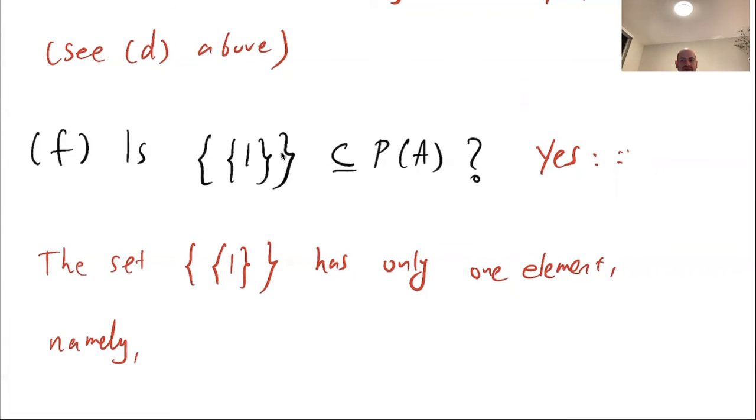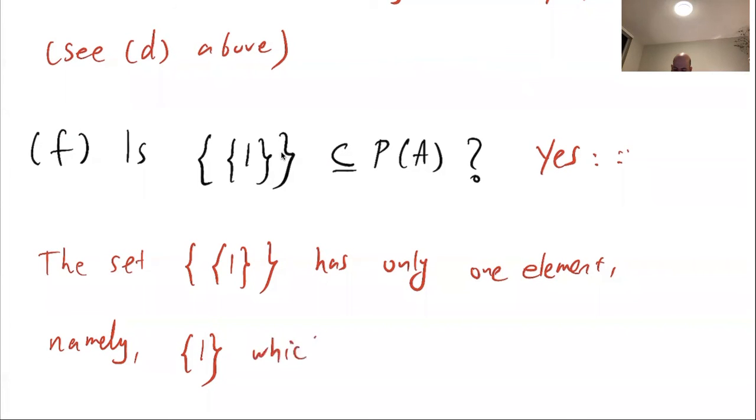Remember, we separate the elements with commas between them. This has no comma, so there's only one element, and that one element is the set containing 1, right? And now this is the only element of the left-hand side. Is this element in the right-hand side as well?